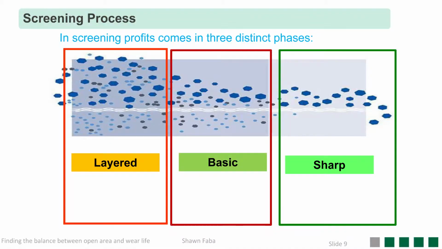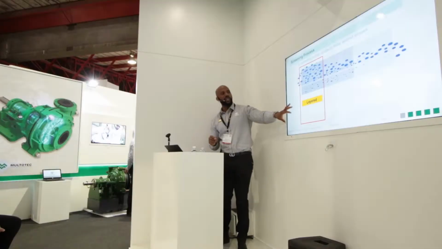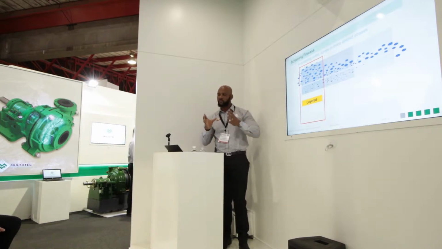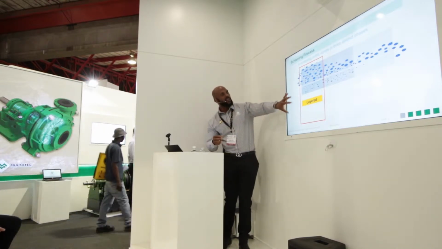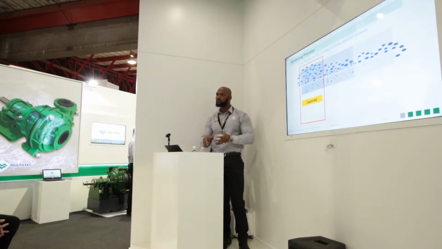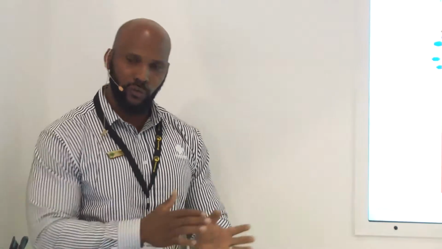Ladies and gentlemen, what we found is that in screening, profits come in three distinct phases. One phase is what we call the layered phase. What is currently happening at this phase? By understanding the PSD, this area needs to be impact resistant. You need panels which can last throughout the application.